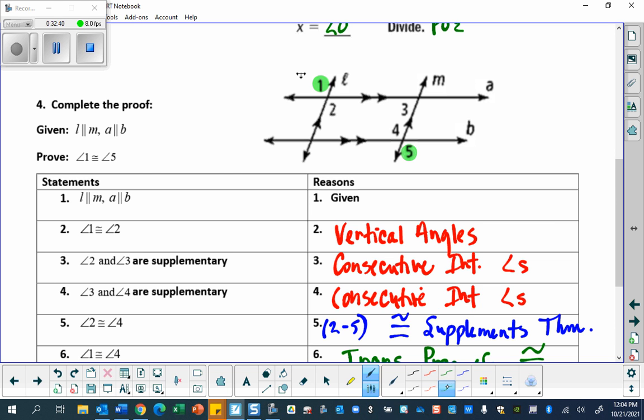Do you see this blue transversal is about these two lines? Do you see this red transversal? No. This red transversal is still about these lines, but 1 and 5 do not have the same transversal, so you can't call them alternate exterior angles because they don't have the same transversal.